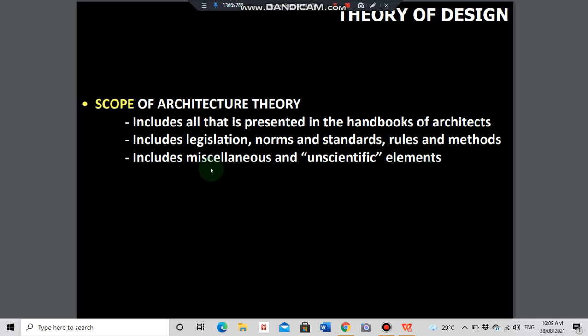It also includes miscellaneous and unscientific elements. So when you say unscientific, it is not in accordance with scientific principles or methodology. So kasalungat siya nung scientific method. Or we can say that unscientific is self-contradictory.